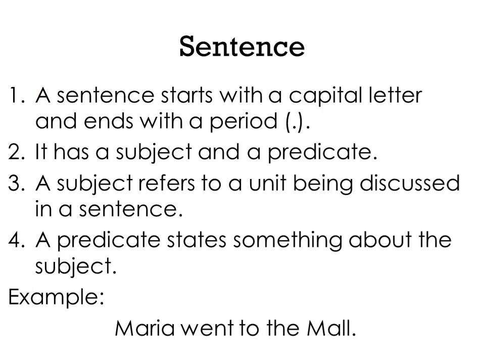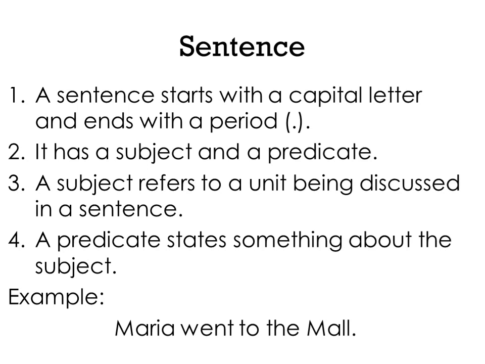Okay? Now, you need to remember about sentences. Number 1, a sentence starts with a capital letter and ends with a period, or a dot. Number 2, it has a subject and a predicate. Number 3, a subject refers to a unit being discussed in a sentence, meaning the subject is the topic, the person that is being described.